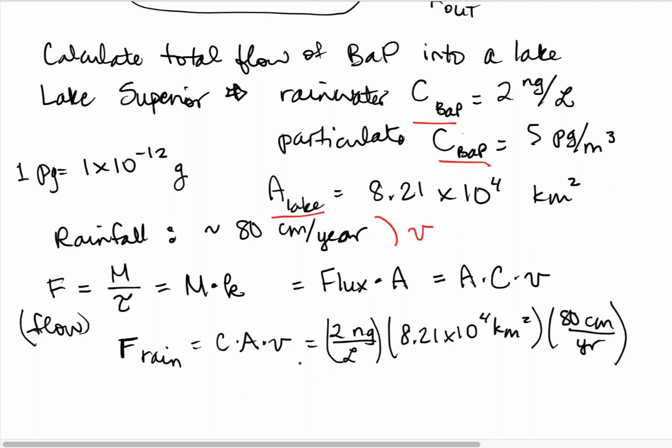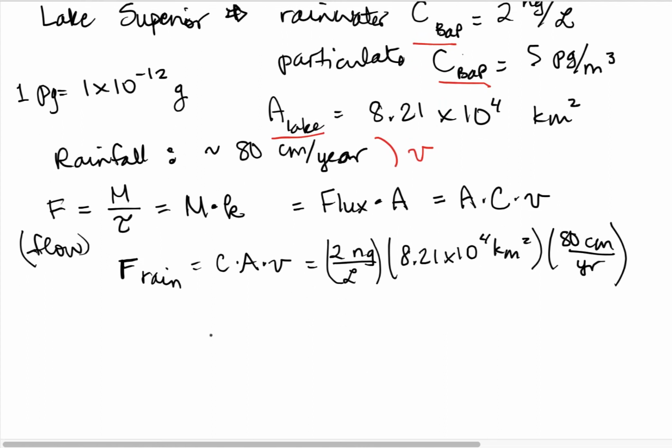If you do some unit conversions, I'm going to skip to the answer here, but I hope that you pause the video and work it out. You should get 131 kilograms of the BAP per year being deposited through the rain.